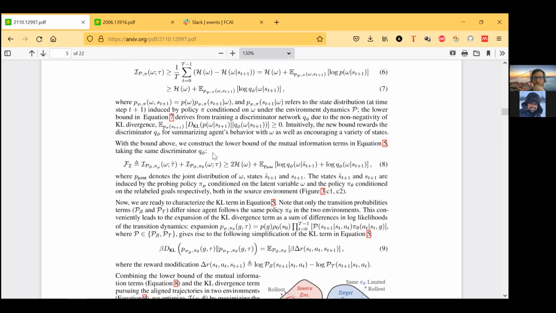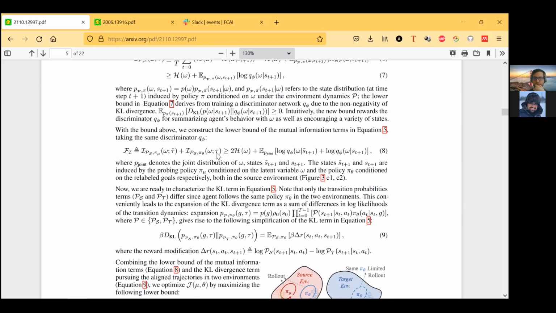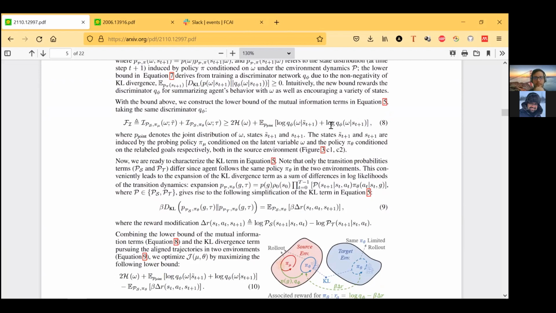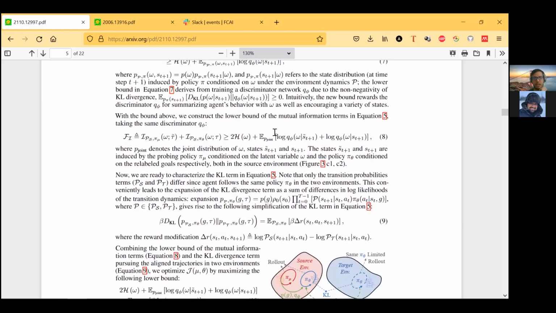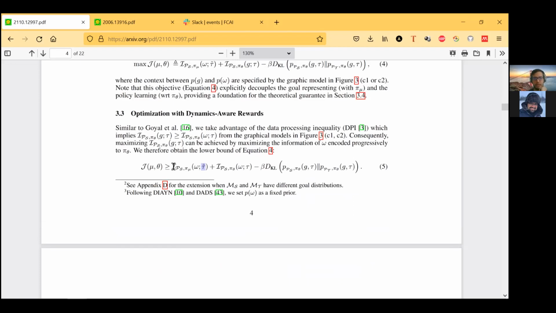So learning this density function gives you a function that depends on the state, and so you can optimize it by reinforcement learning. And so they then have phrased a reward version of these objectives.